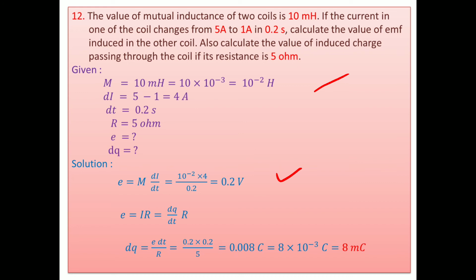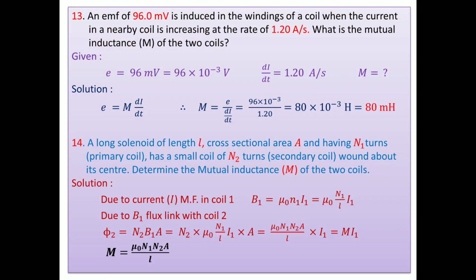And thereafter you can take here E is 0.2 into 0.2 dt, change in time, and thereafter 5, means 0.008 coulomb or 8 into 10 raised to minus 3 coulomb, or 8 minus 3 means millicoulomb. This is your answer.